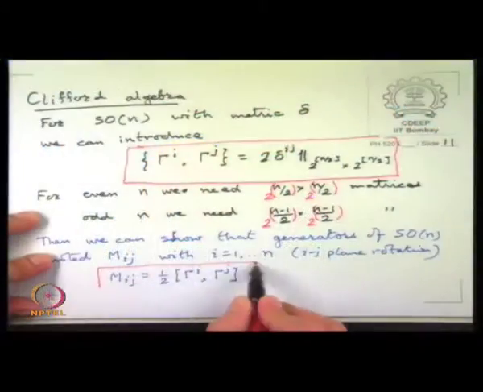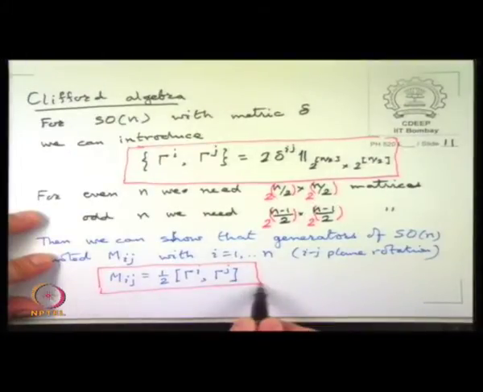So sigma matrices, Pauli matrices, will work in dimension 2 and dimension 3. The gamma matrices become 2 to the power 2 because 2 to the power 4 by 2. So 4 by 4 matrices are needed in 4 dimensions, but they will also work in 5 dimensions and so on. And what one can show is that the Mij exactly satisfy the SO(n) algebra.